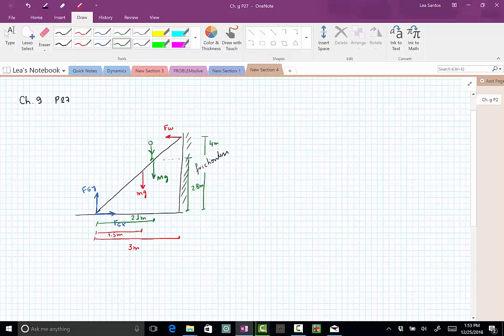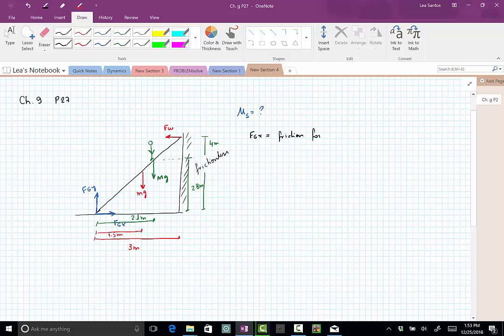Okay? What we want to know is what is the coefficient of static friction between the ladder and the floor, the ground. Okay, how are we going to solve that? Well, let's first think about what this coefficient of static friction is. As I said, the FGX is the friction force.